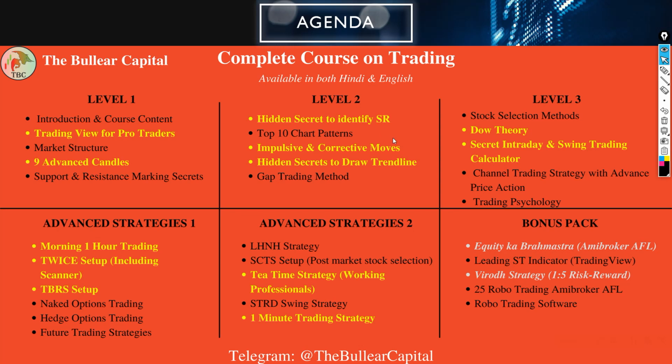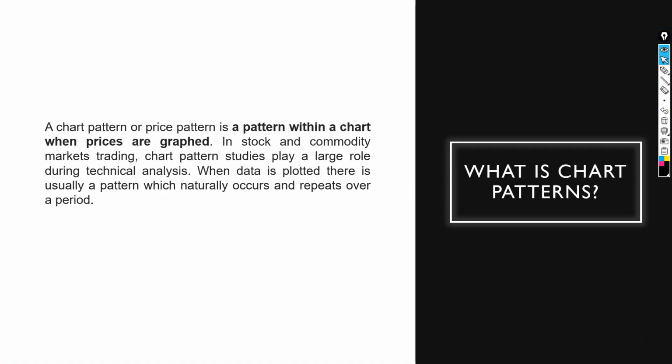So let's understand by looking into what a chart pattern is. So please pay attention to this. A chart pattern is a pattern within a chart. Now, when the prices are graphed, as in when the market keeps going and the prices are plotted, that is your open, close, low, and high. These are kind of graphed.